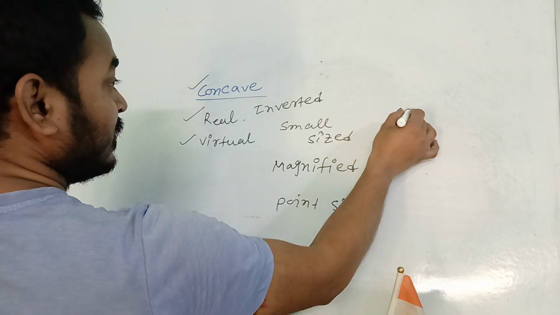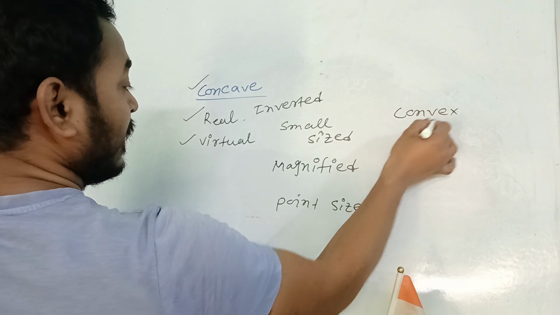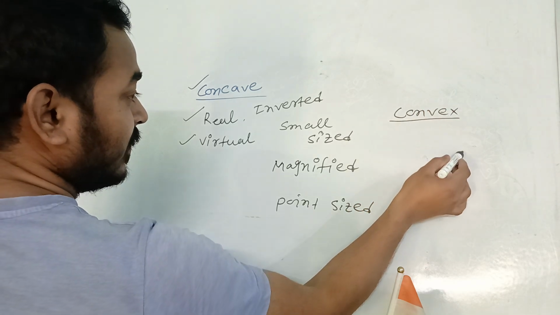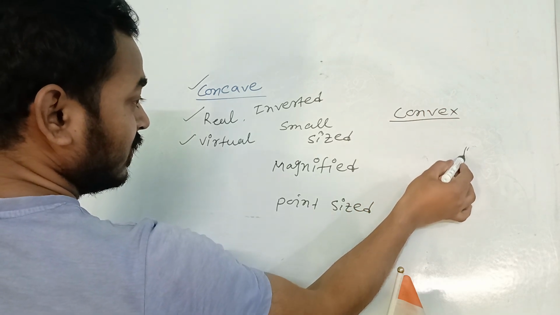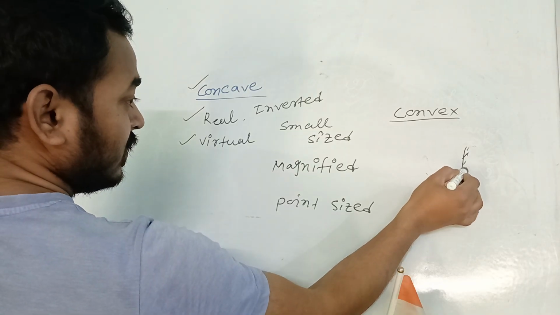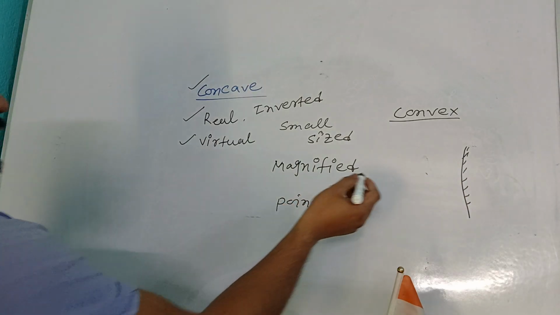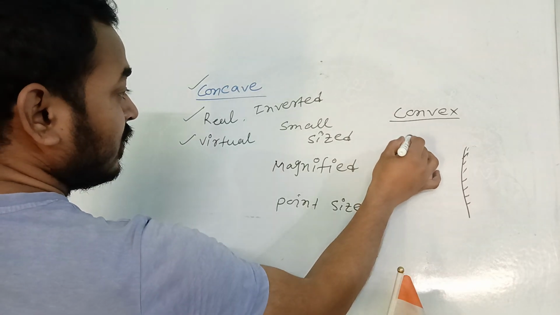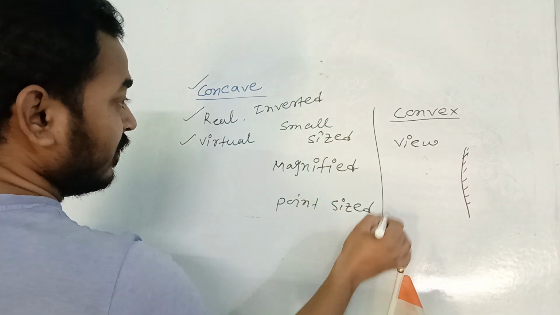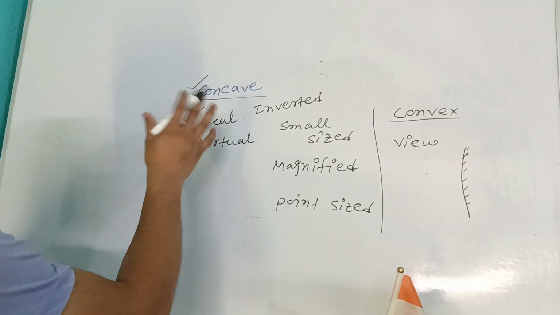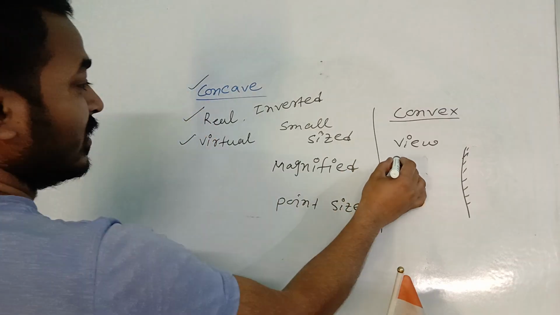Convex means this type of mirror. It is a view mirror. Which one? Convex. Don't confuse it with concave. Convex view mirror.